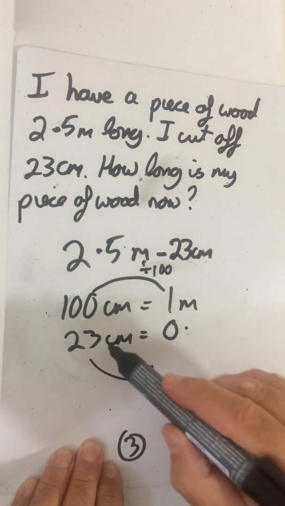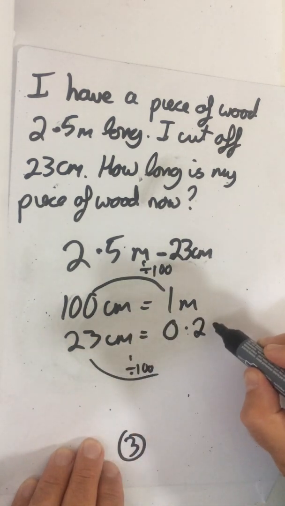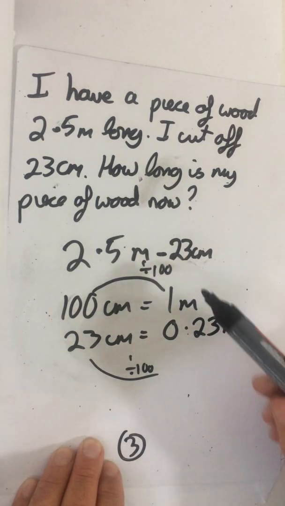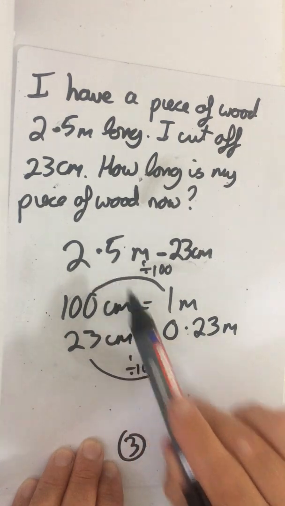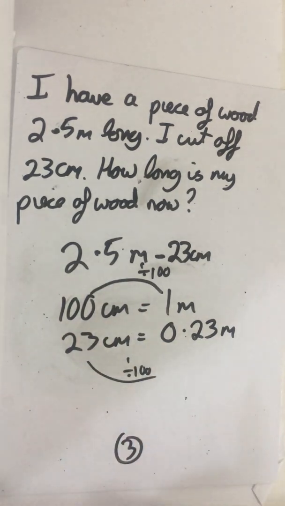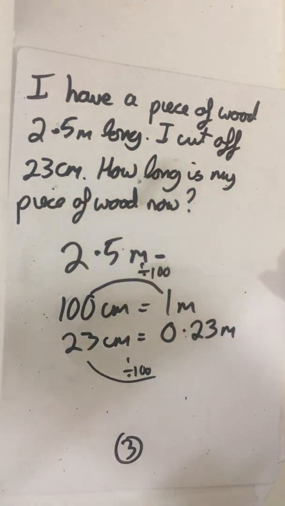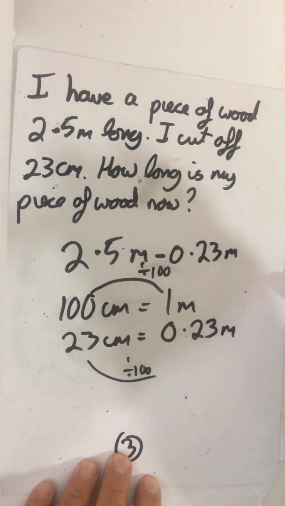Now we've done this, haven't we? Moving the digits 2 places to the right. So it'd be 0.23 meters. So I've converted them into the same unit now. So I've got 2.5 meters and 0.23 meters.